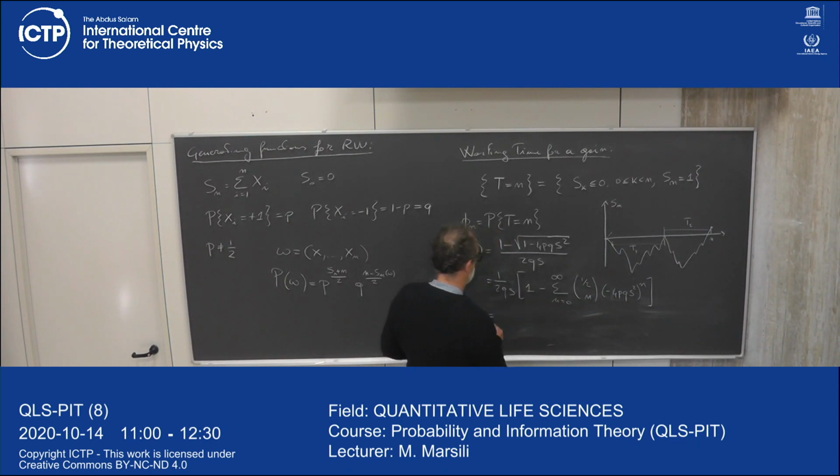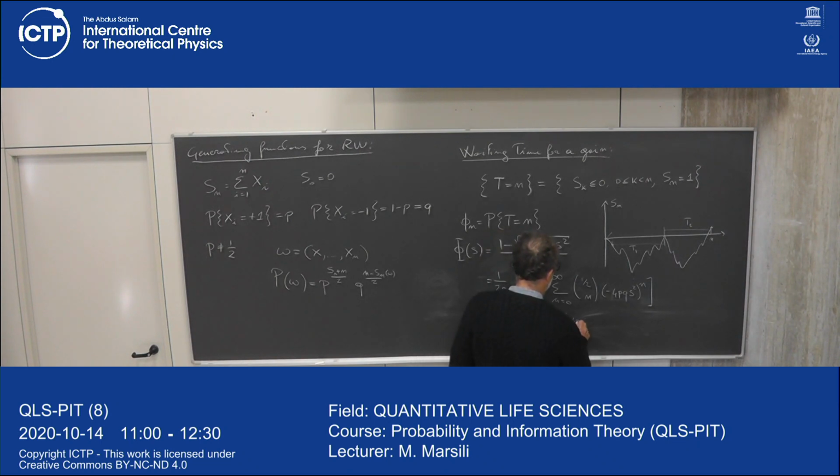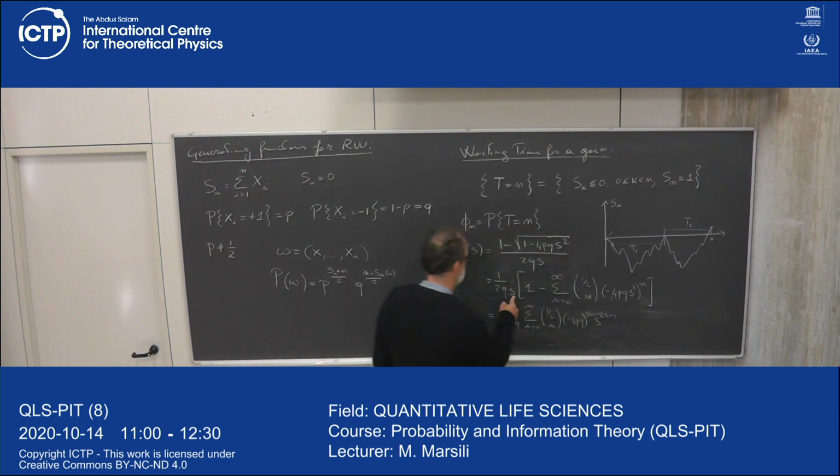So the series starts with the n equal to 1 term, so you have minus 1 over 2Q times the sum of (1/2 choose n)(minus 4PQ) to the power n times s to the 2n minus 1, where this minus 1 comes from this.